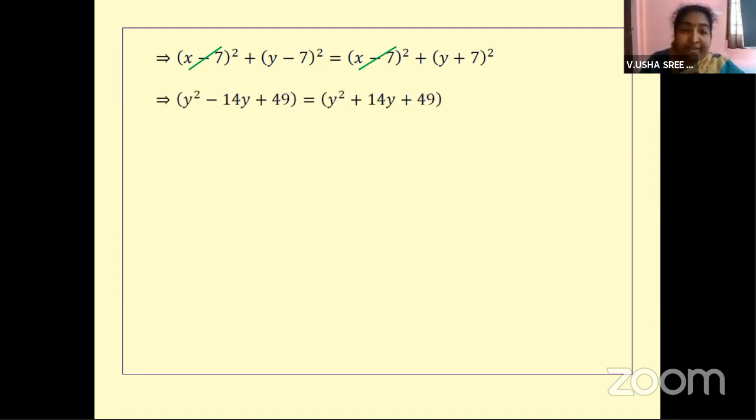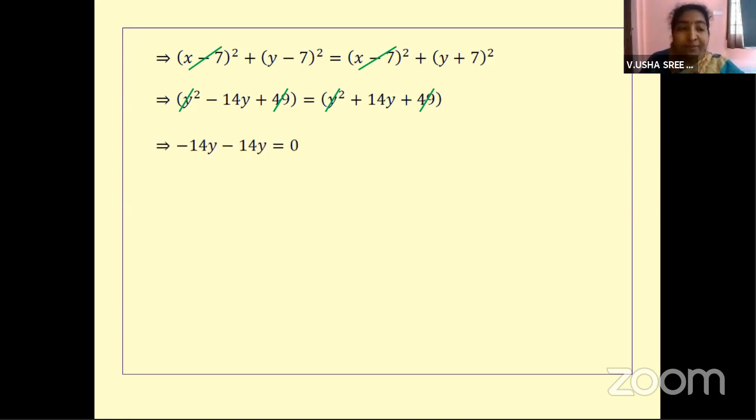You will have it as y square minus 14y plus 49 is equal to y square plus 14y plus 49. Then we can cancel y square on both sides, children, and 49 also gets cancelled. Then you are left with minus 14y and plus 14y on either sides of the equality.